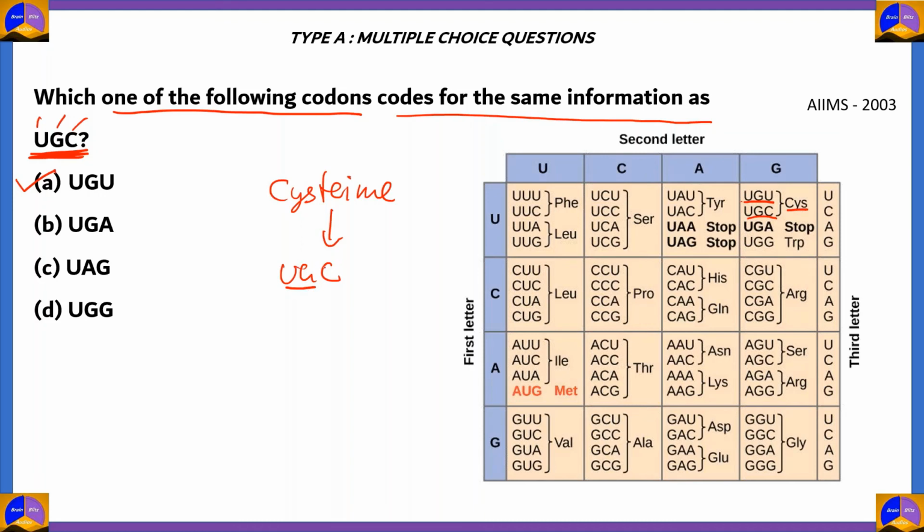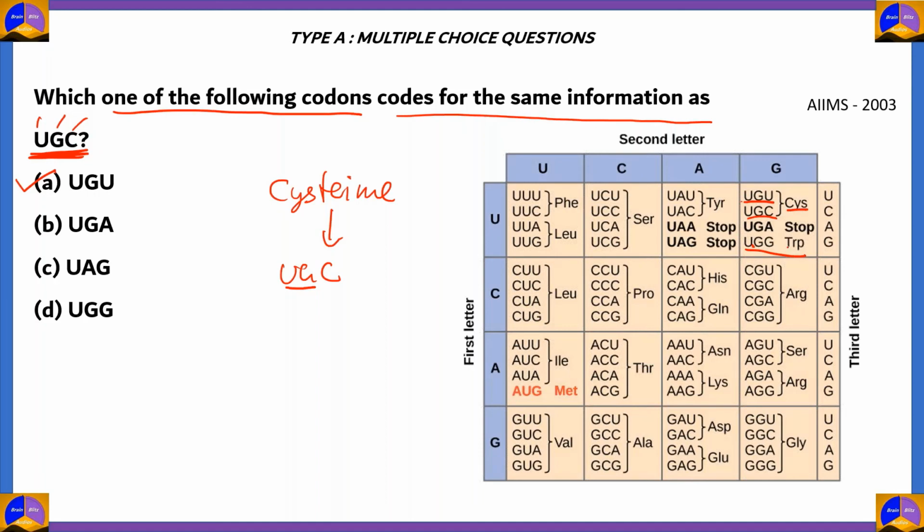So therefore, if there's a difference of C or U, you will still be getting the code for cysteine. So that makes UGU also correct. However, that also makes UGG a candidate. The reason why UGG isn't is because it is not a degenerate code.